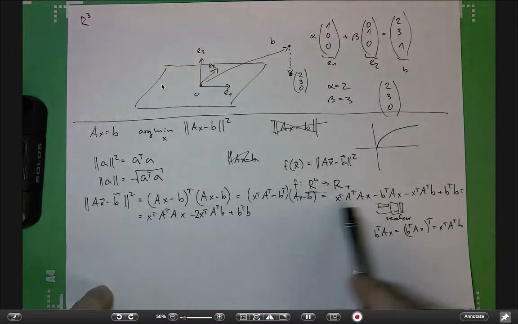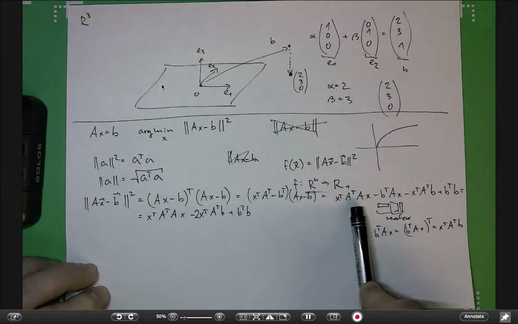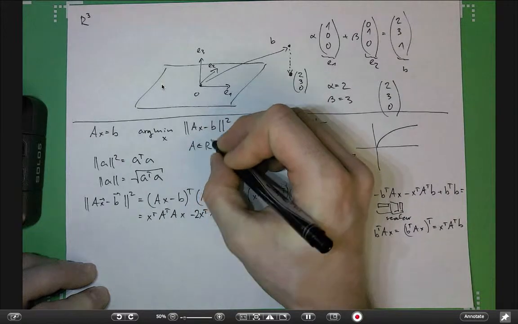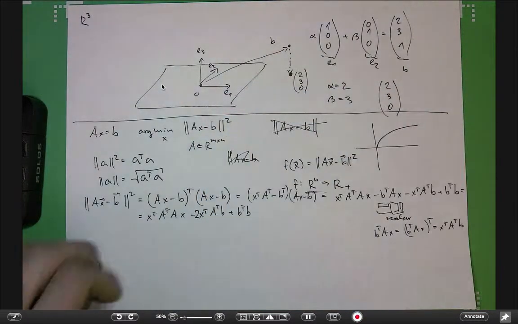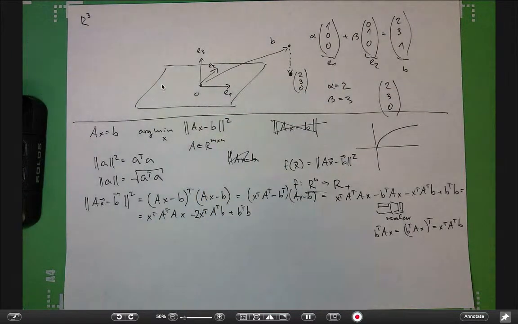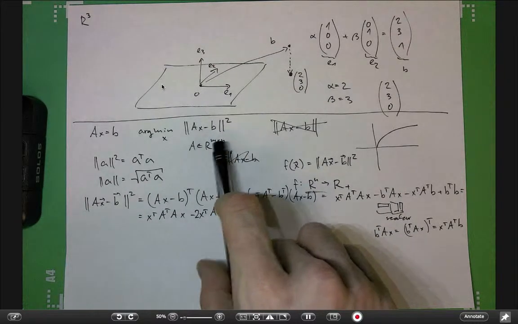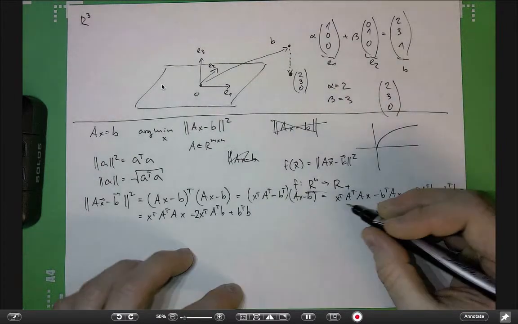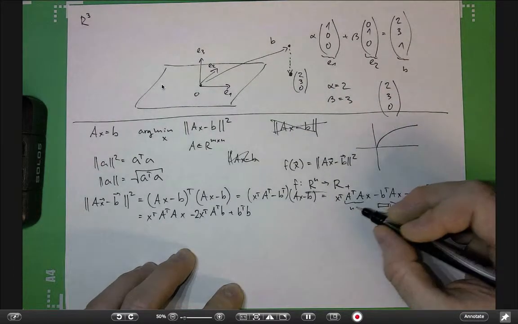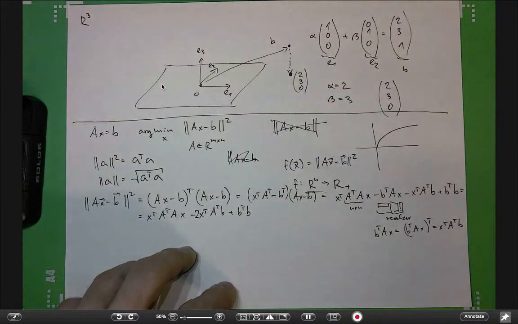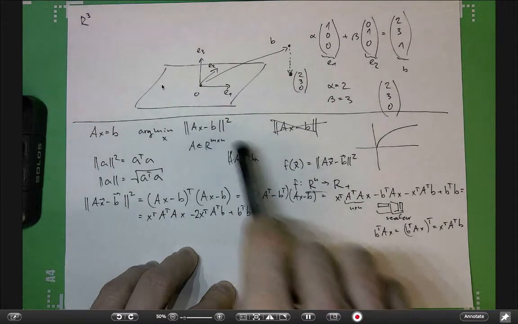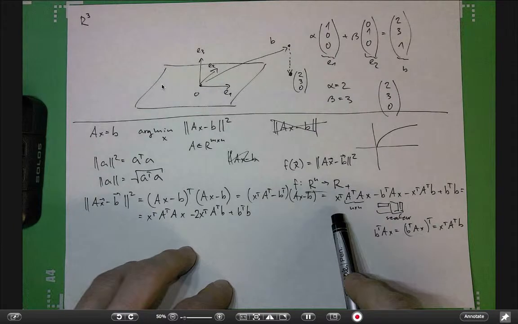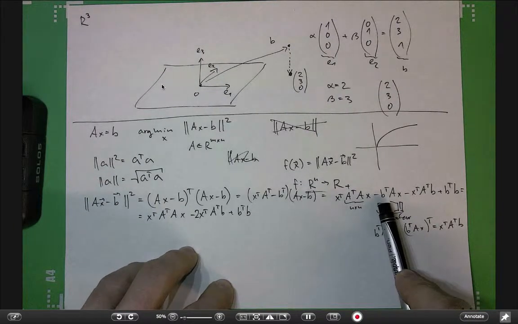So maybe it helps to talk about the types a little more carefully. A is a general m by n matrix, right? Typically, we will have the case when m is more than n, when it has more rows than columns. Now A^T A will be an n by n matrix, right? x is an n-dimensional vector and b is an m-dimensional vector, right?